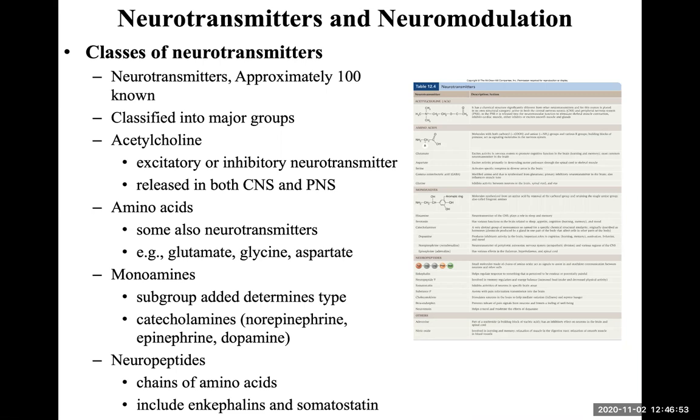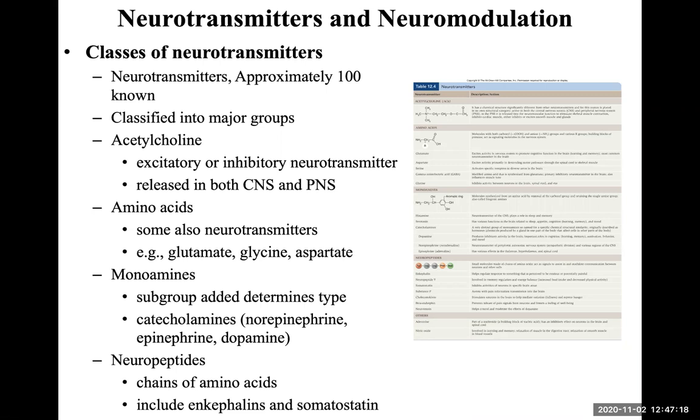We've talked about acetylcholine mostly in the context of the neuromuscular junction. When it comes to the effect that acetylcholine has on somatic motor neurons, acetylcholine is excitatory, right? We've seen that. It opens up the chemically gated sodium channels, and sodium will enter the cell, and that's an excitatory type of event.